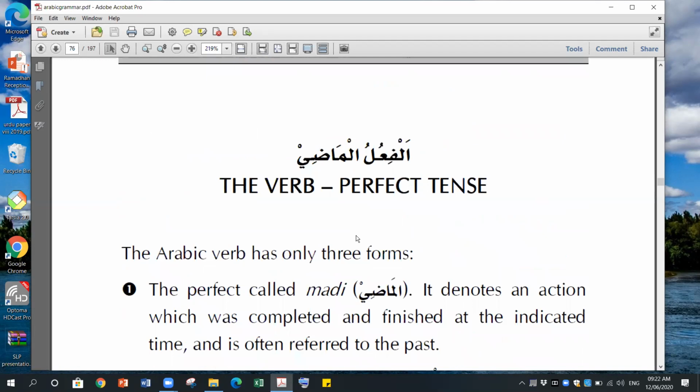Fa means what is replacing fa in kataba? Kaf. What is ain kalima? Ta. What is lam kalima? Ba. Like that, we will recognize. Fa'ala is our sample, our pattern.